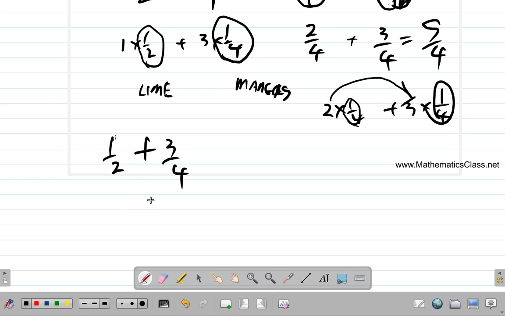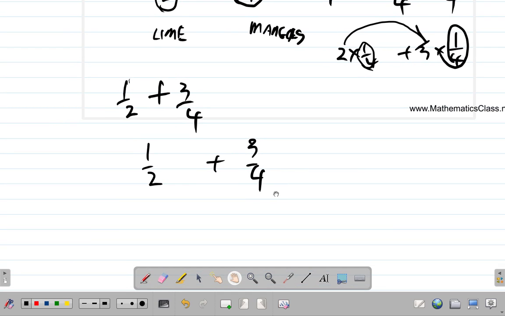What you can say also, if you don't want to draw a diagram, is that you have 1/2 plus 3/4. You have 1 of something plus 3 of something else. You want the same thing. Now, the common denominator, what do you want though?